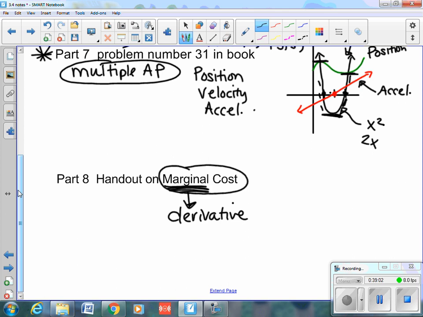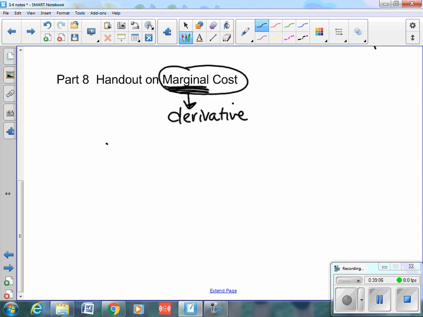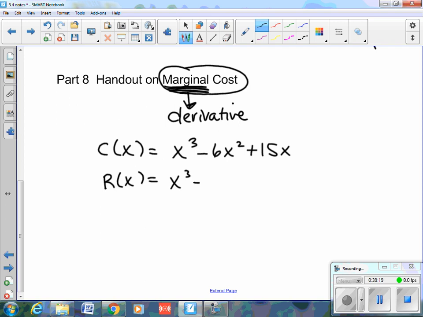So all they did on the back side, I'm just going to do this for you. You can follow along. On the front page, I gave you the two formulas. C(x) equals x cubed minus 6x squared plus 15x, and R(x) equals x cubed minus 3x squared plus 12x. Correct? That was on the front side.